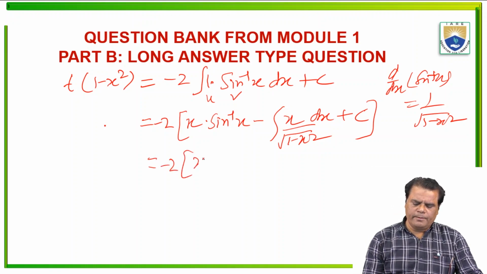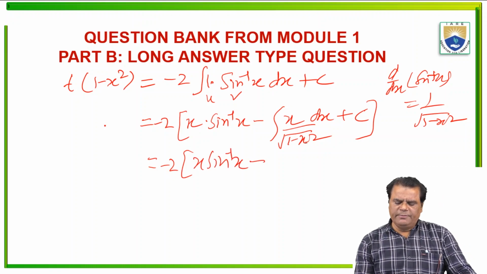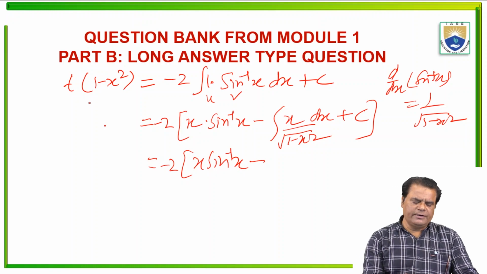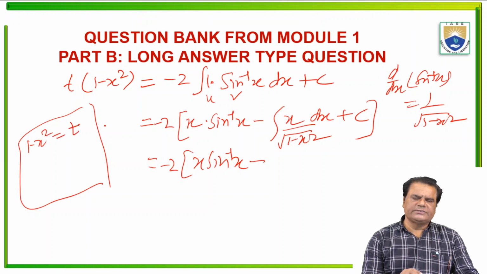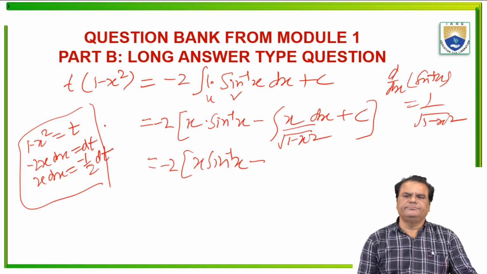So here, integrating this, minus 2 x sine inverse x and minus. We integrate this function. Let 1 minus x square be t, so minus 2x dx equals dt, x dx equals minus 1 upon 2 dt. Putting this value here, the result is x dx equal to minus 1 upon 2 dt.